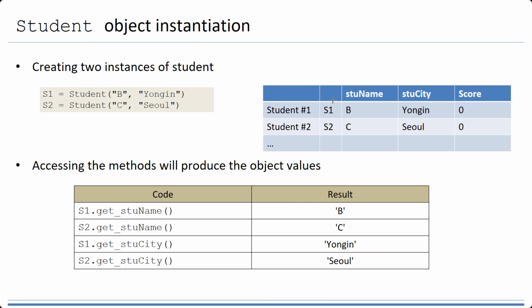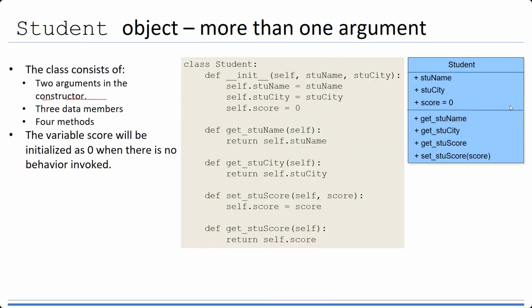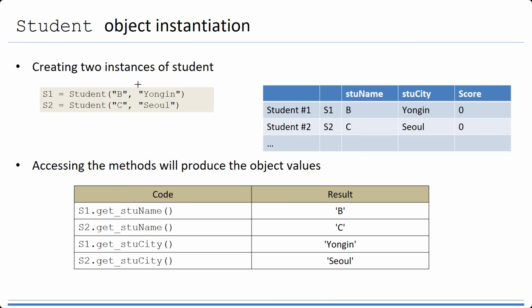Let's suppose I have S1, and S1 is the instance of student, and previously we know there are 2 arguments: student name, student city. Then I can define 2 data: student name, student city.